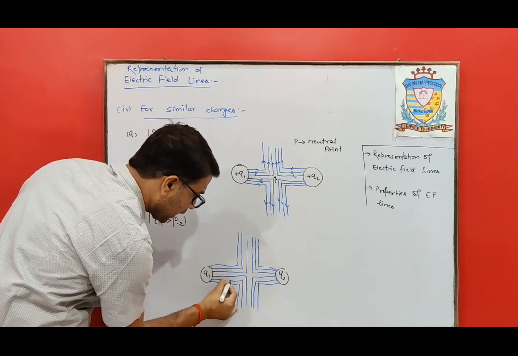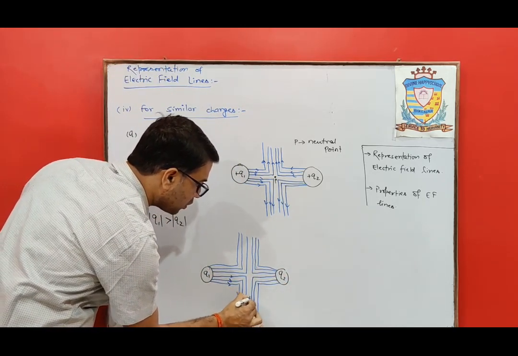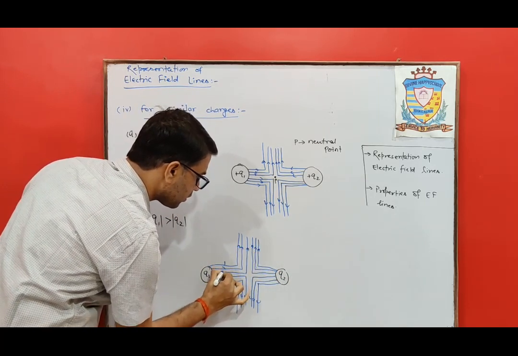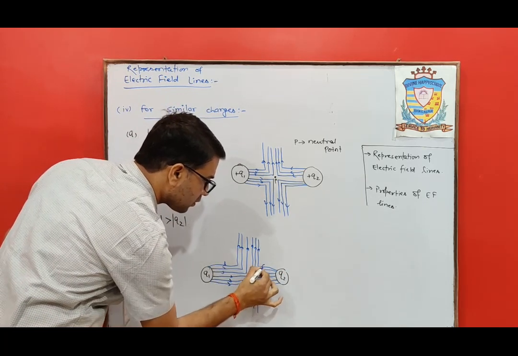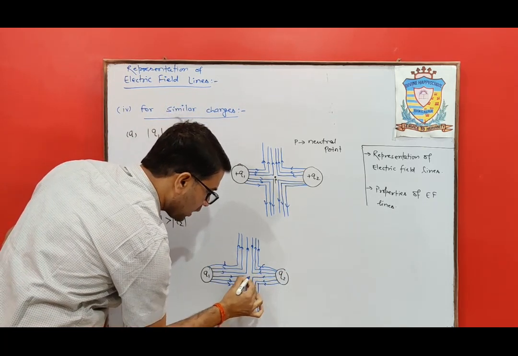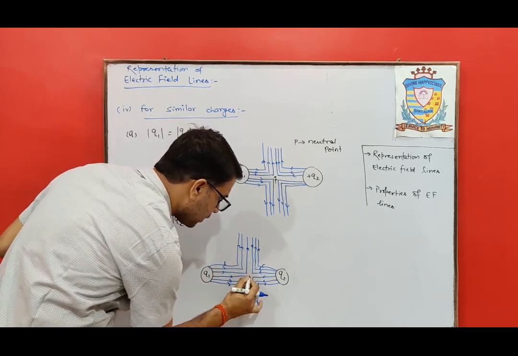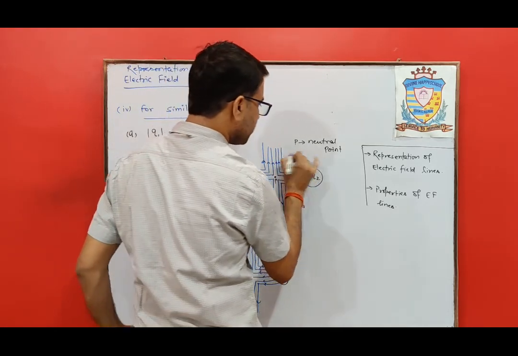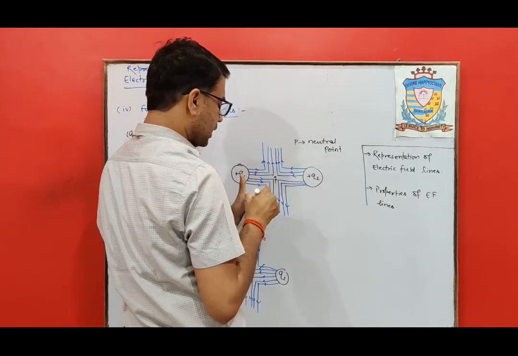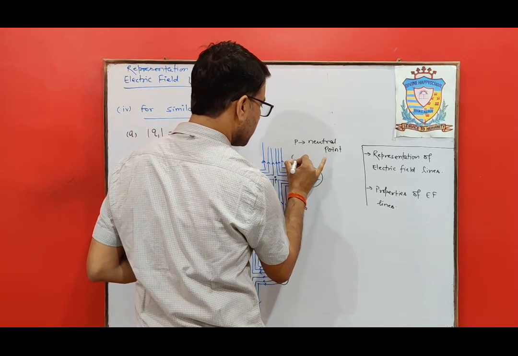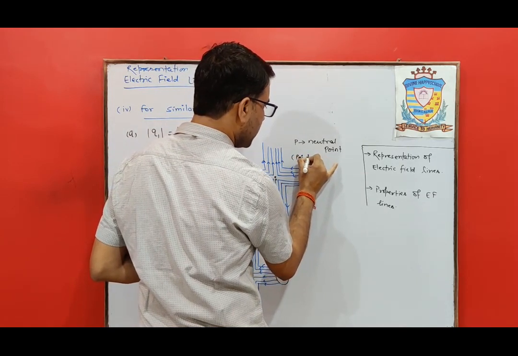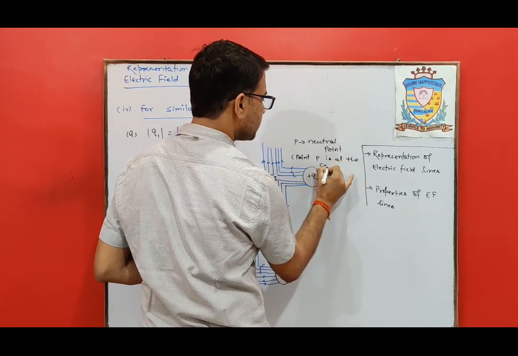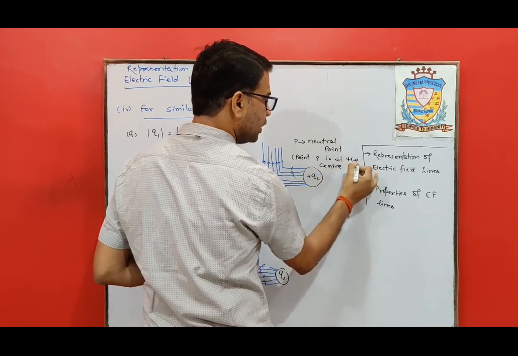Again, the direction will be outward because both the charges are positive. And here in this case, we can say point P is at the center of the two charges.